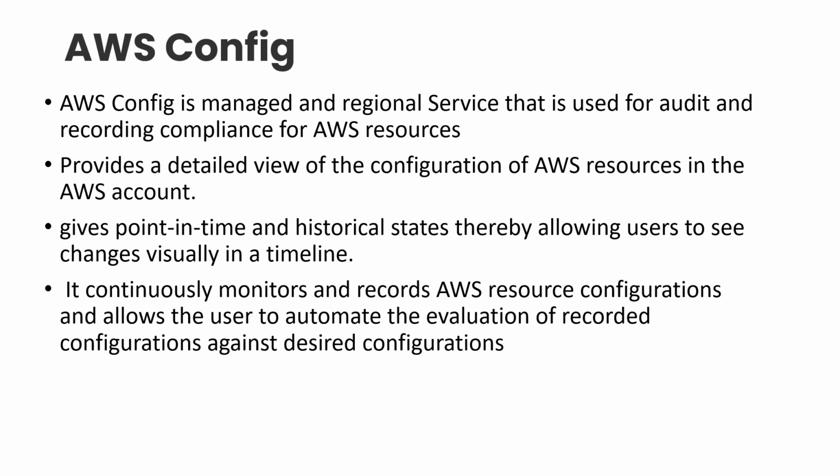So whenever someone tries to add anywhere, 0.0.0.0/0, it will send events, it will send an SNS notification. So you can integrate SNS notification with AWS Config, and based on your desired and recorded configuration, you can get the output.